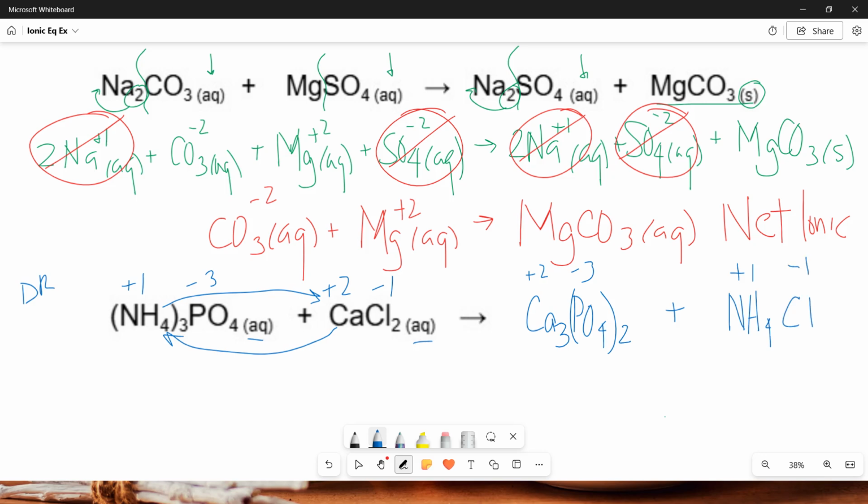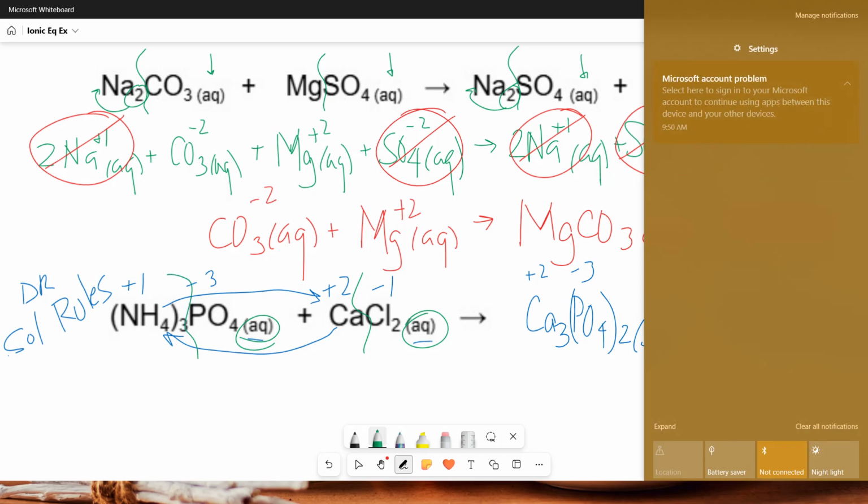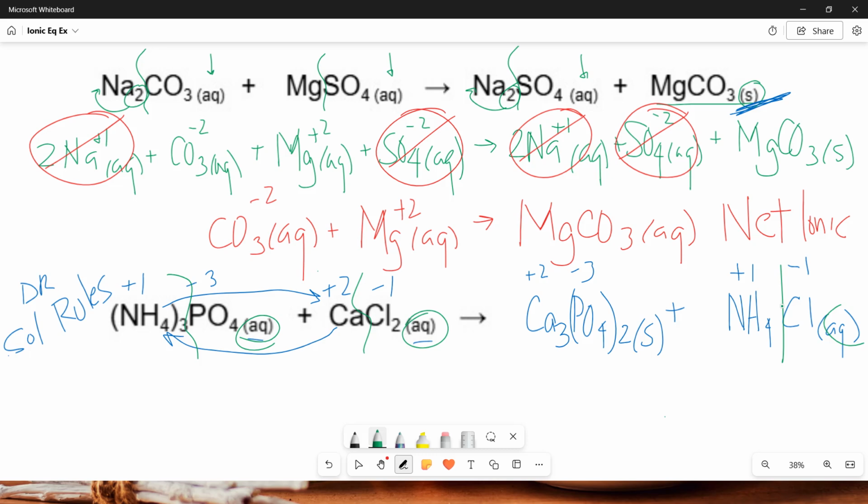Now, we need to look at our solubility rules, which I should really do a video on. Solubility rules predict that this is going to be insoluble. It's going to form a solid, which is important. I told you up here that you need a solid, liquid, or gas on the product side for this to work. And then this chloride compound is aqueous. So the next step for us is to break apart all the aqueous compounds into their ions, and then rewrite them.